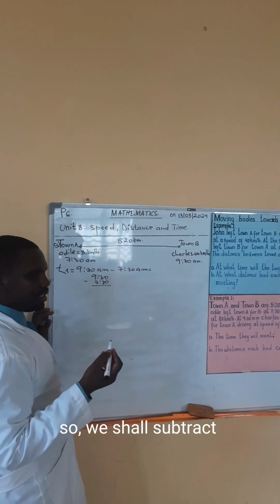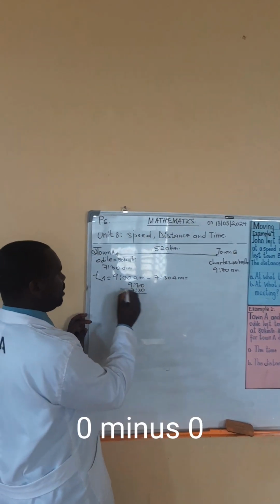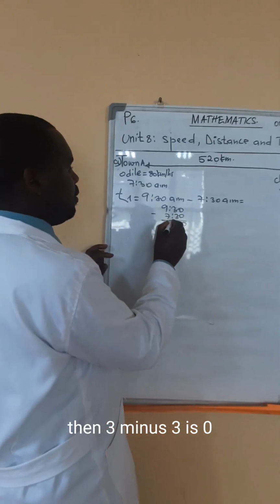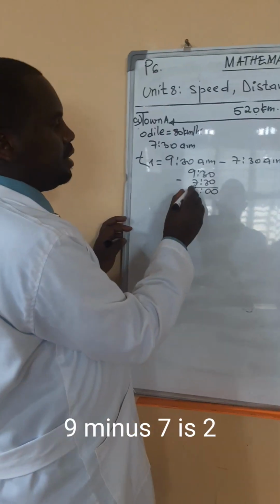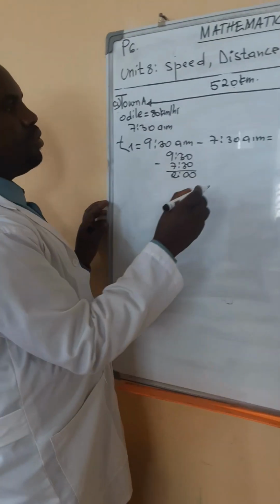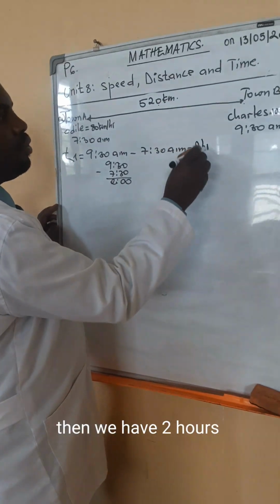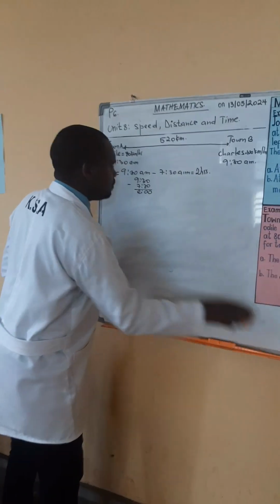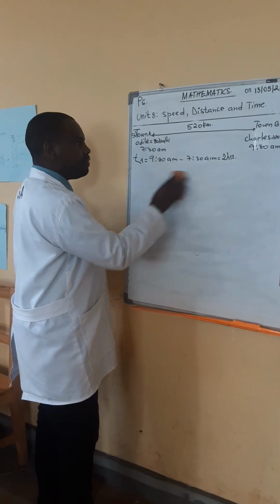So we shall subtract: 0 minus 0 is 0, then 3 minus 3 is 0, 9 minus 7 is 2. Then we have 2 hours. Are we together, friends? Then now we have 2 hours.